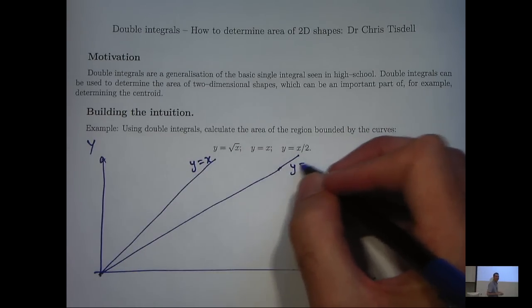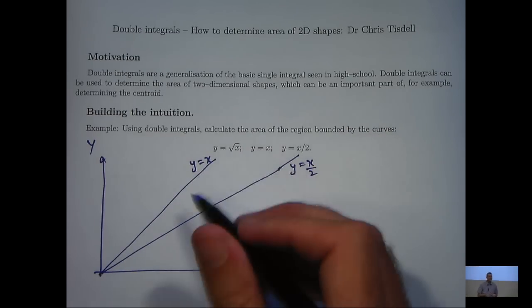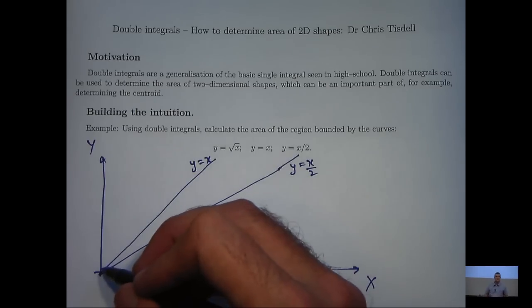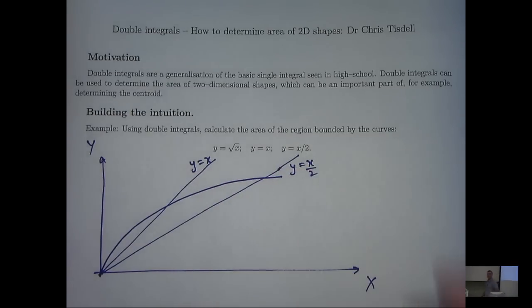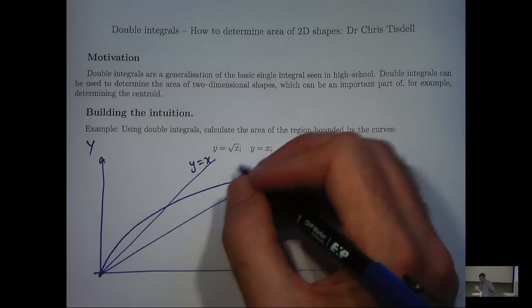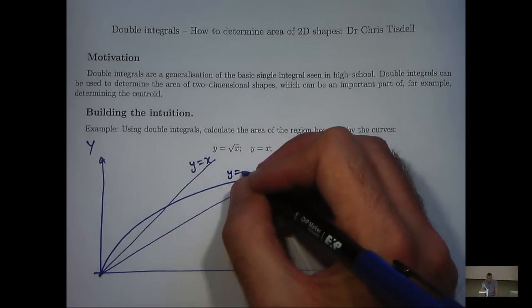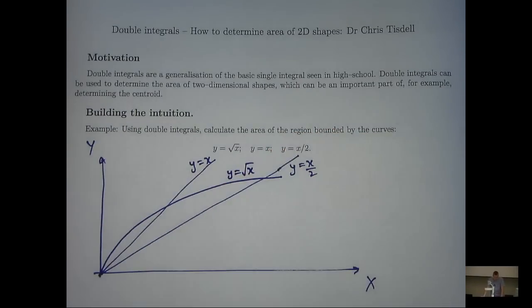Here's the line y equals x on 2, and the third curve is y equals root x. So there's our three curves there. Again, it's a pretty ordinary graph, but hopefully you get the idea.